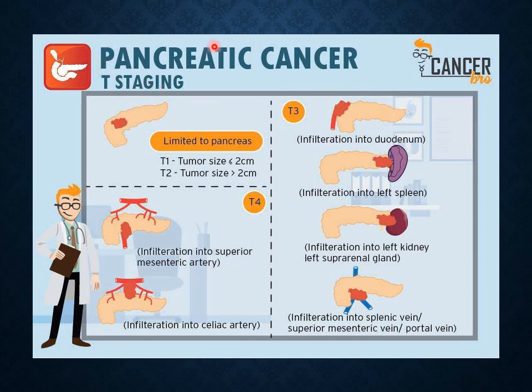Next we come to pancreatic cancer staging, the T staging of TNM staging. T1 and T2 are limited to within the tissues of the pancreas. T1 tumor size is less than 2 centimeters and T2 more than 2 centimeters. T3 is when the tumor infiltrates into the duodenum or the spleen.